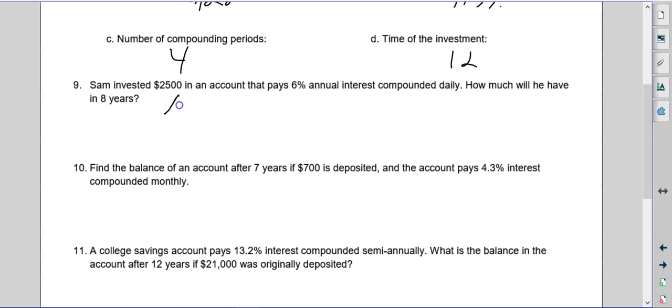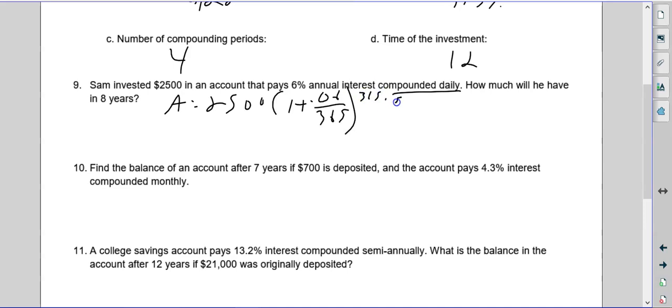So Sam invested $2,500. That's the starting amount. 1 plus every time. It says the annual interest rate is 6%. That goes up here. Compounded daily. Okay. Now there's two numbers you use here, 365 or 360. Banks use 365. As long as you show your work, I'll accept either one. 8 years. So again, this number repeats.